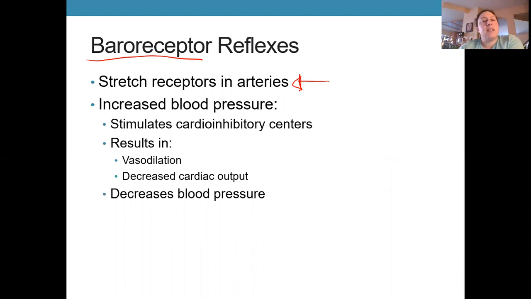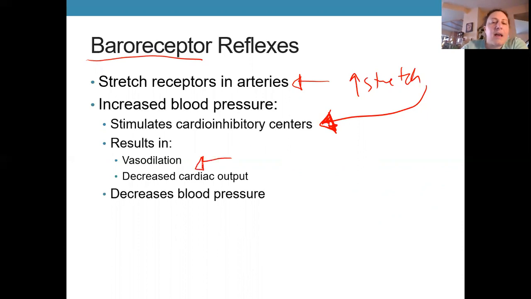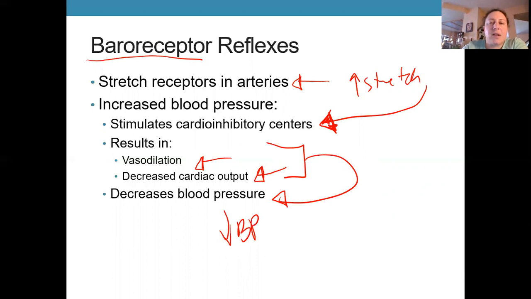When blood pressure increases, these stretch receptors see more stretch, and that's going to stimulate cardioinhibitory centers in the brainstem, resulting in vasodilation, as well as a decrease in cardiac output. Both of these things are going to decrease blood pressure, and that'll decrease stretch and turn off this reflex.